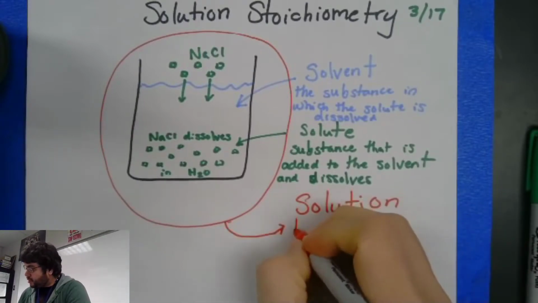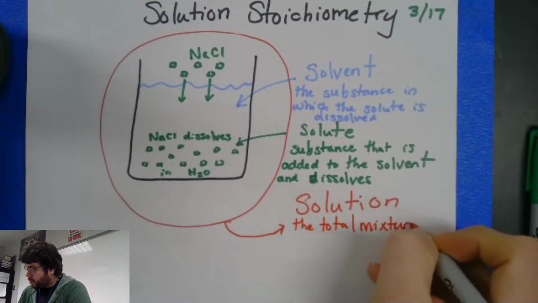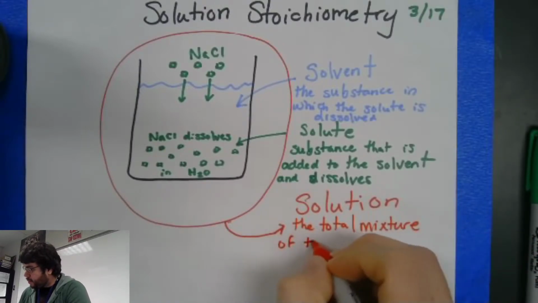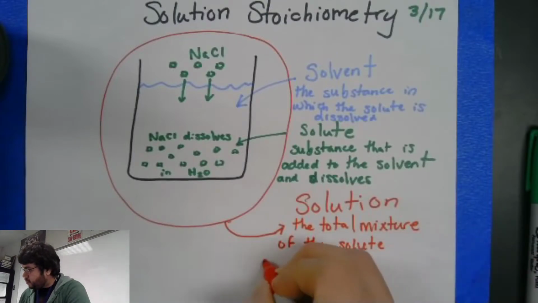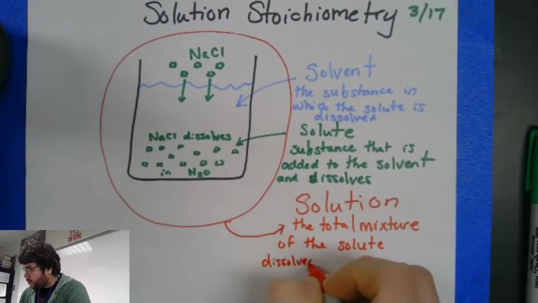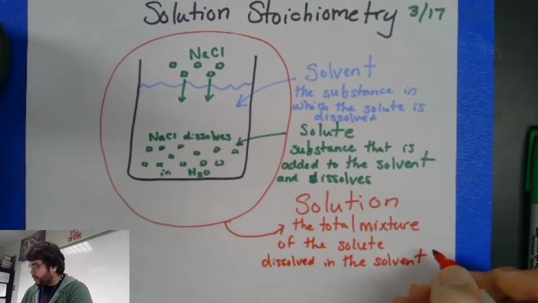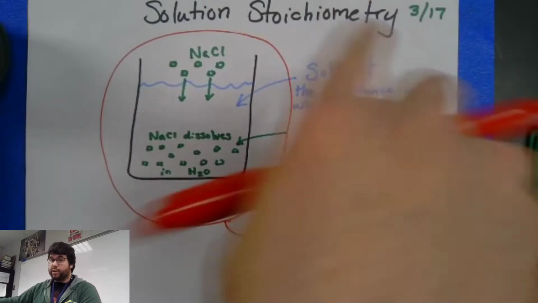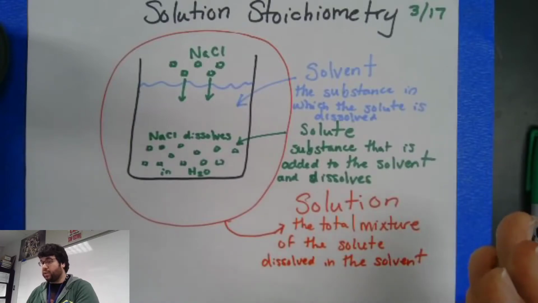So it's the total mixture of the solute dissolved in the solvent. So like salt water, you stir salt into water, it dissolves. You no longer see the salt in the water.